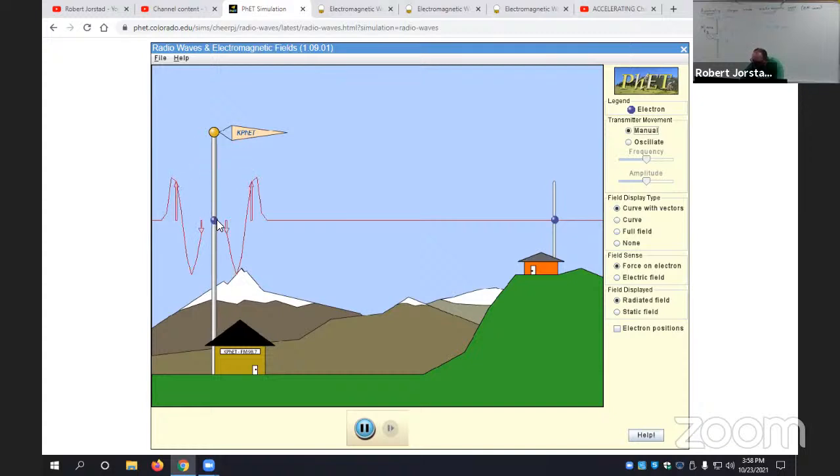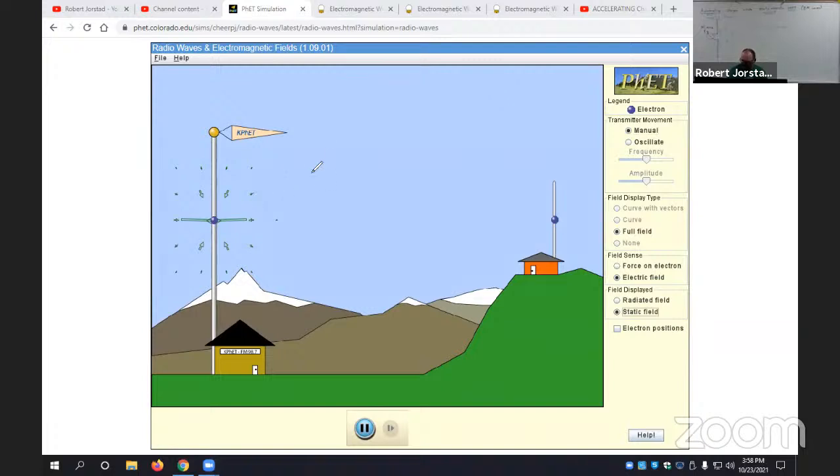Now, an interesting part about this that I find very interesting: let's look at the electric field near the electron. This is the electric field that you would expect from Coulomb's law.